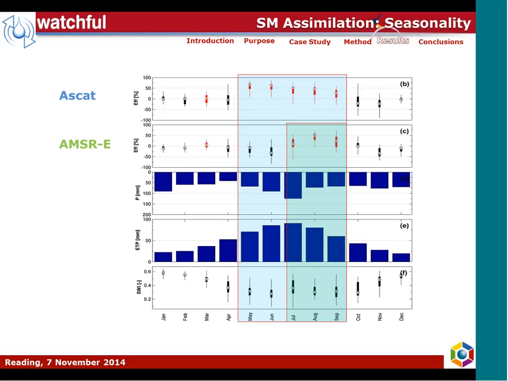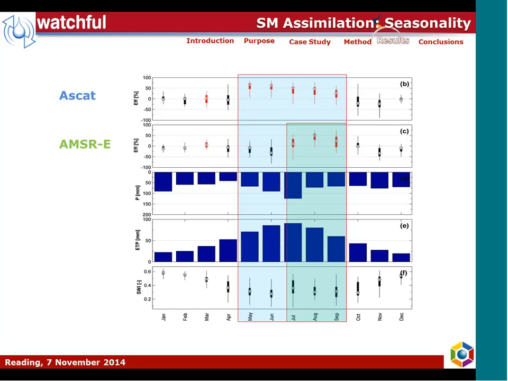Whereas in the winter periods, the uncertainty in soil moisture is relatively low, because when evaporation is very low, the soil moisture remains at a very high level for the entire winter period, and every decently calibrated model is able to know that you remain close to, not exactly saturation, but something close to it. So the uncertainty of the soil moisture is relatively small in the model.